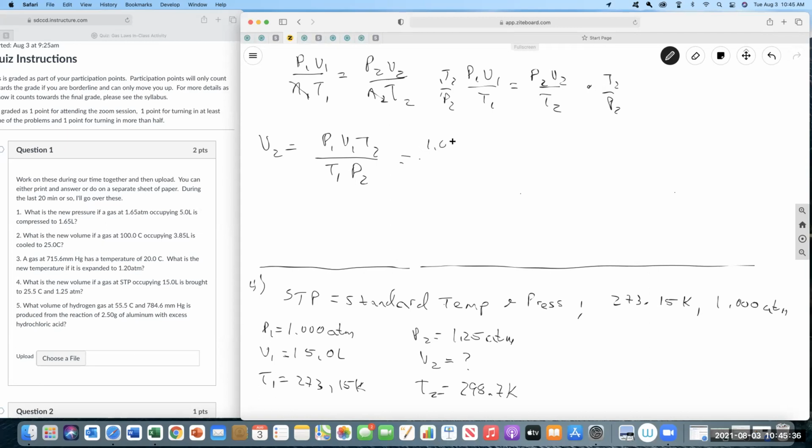1 atmosphere. V1 is 15. T2, 298.7 K. T1 and P2.